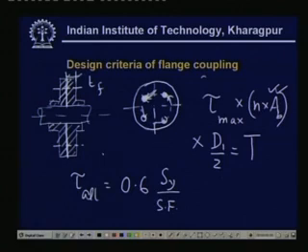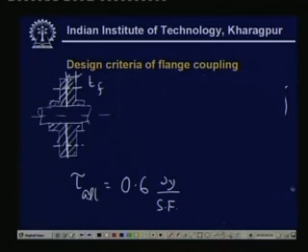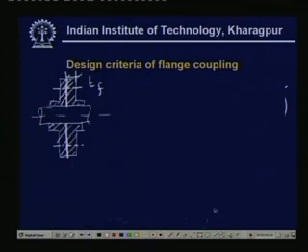This is how the bolts are designed. Then what are the other important things? The other important thing will be this hub diameter, which was named D1, D2.